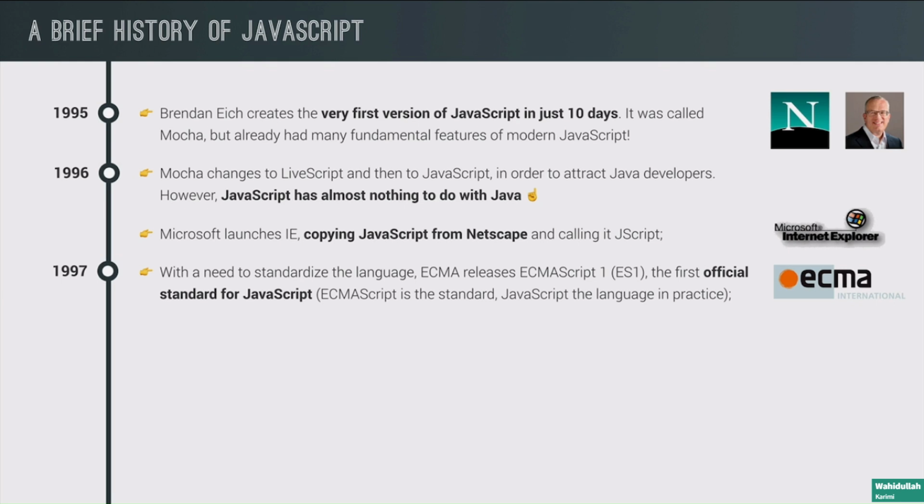In the real world, we usually use the term ECMAScript to refer to the standard, while JavaScript is used when we talk about the language in practice, as it's implemented in browsers. Now, fast forward to 2009, after a lot of complications and disagreements about where the language should be headed, ES5 was released with a lot of great new features.